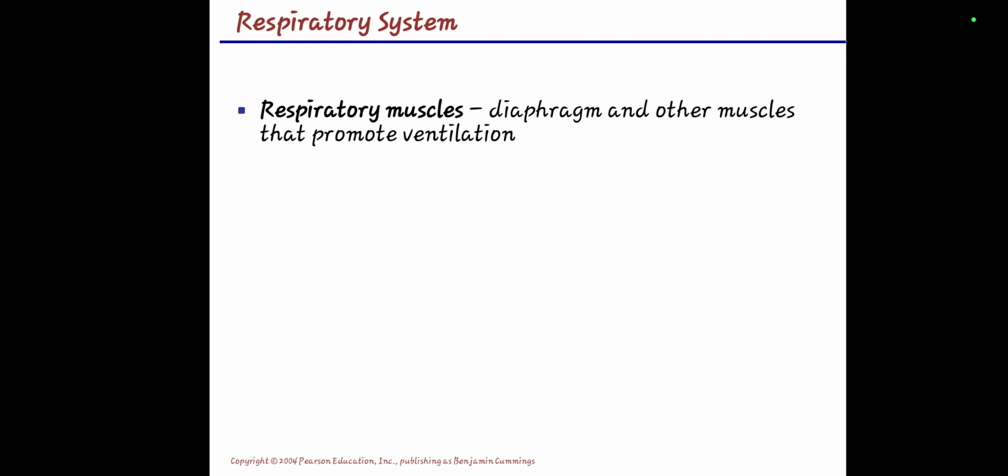Ventilation is all about the circulation or exchange of gases through the lungs for basic respiration. So respiratory muscle is much more focused on the exchange of gas, or promoting ventilation, which is the exchange of gas in the lungs throughout respiration.